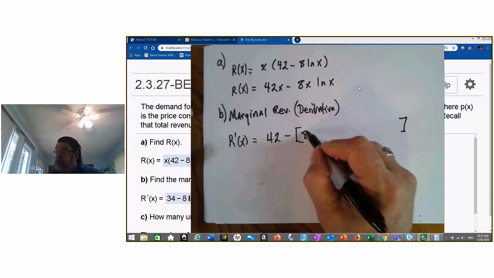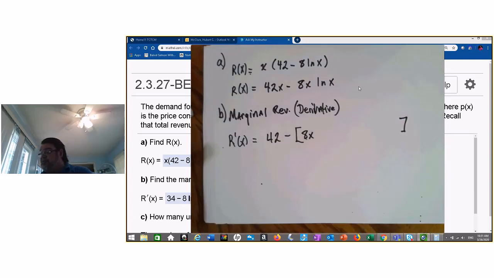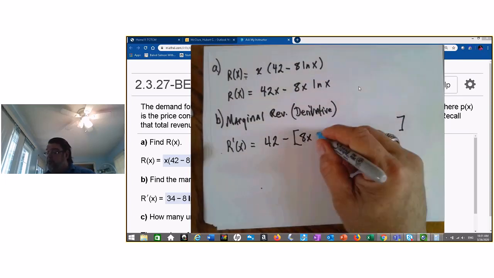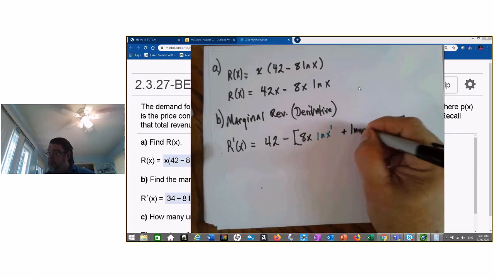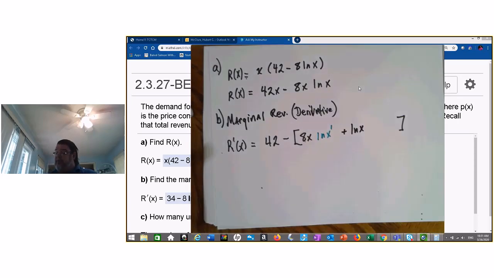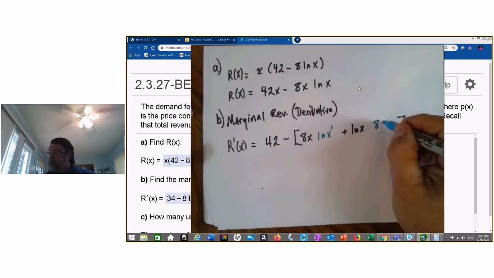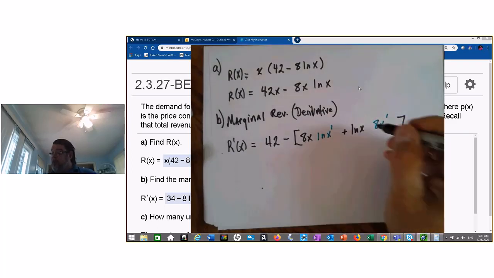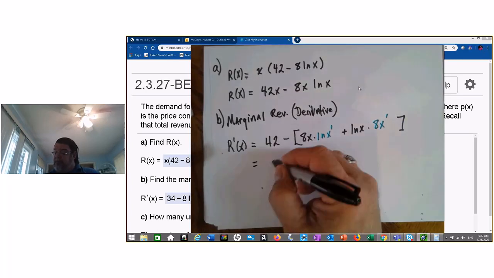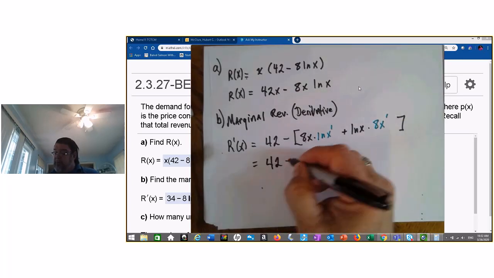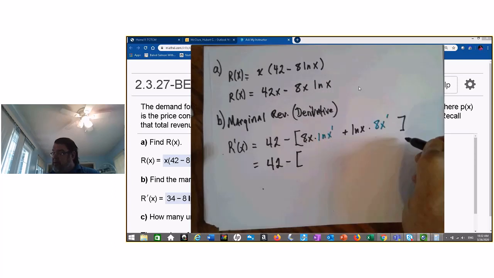First times the derivative of the second plus the second times the derivative of the first. So that's going to be equal to 42 minus. Now, why am I keeping that minus sign outside the brackets?